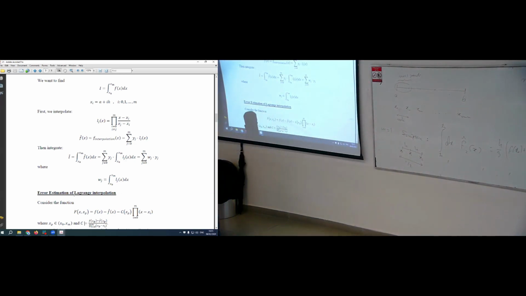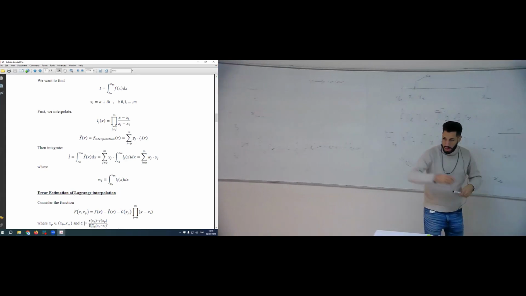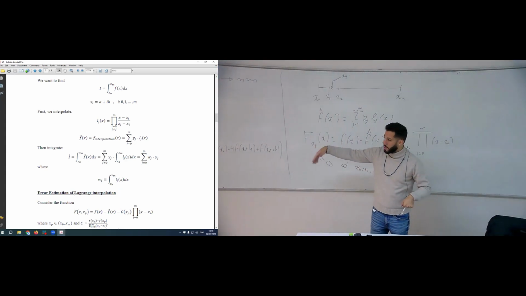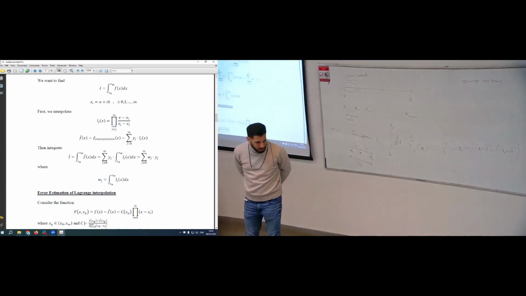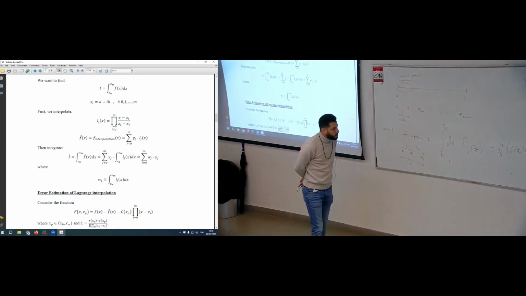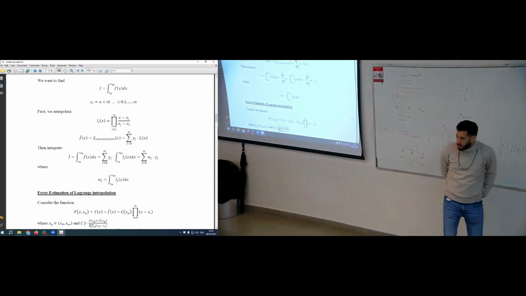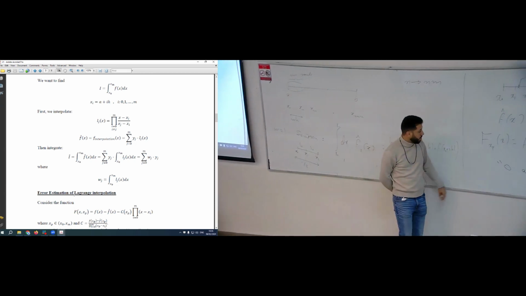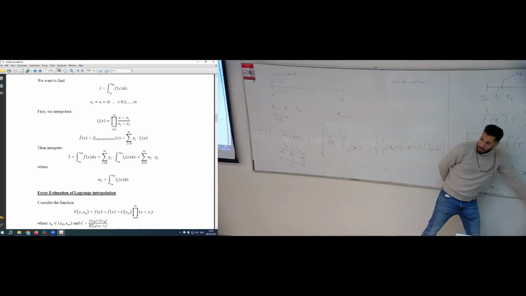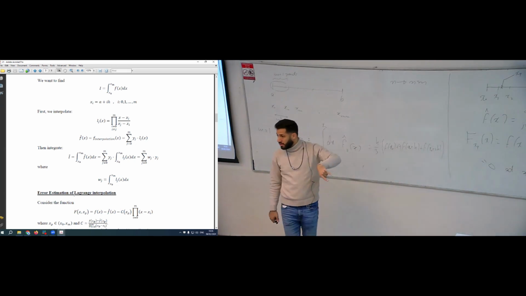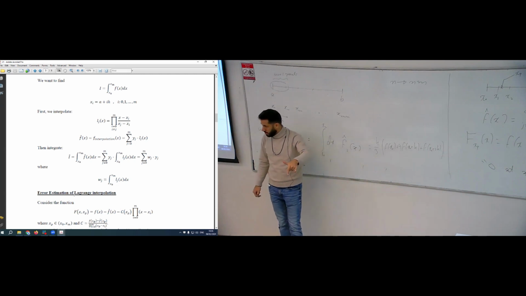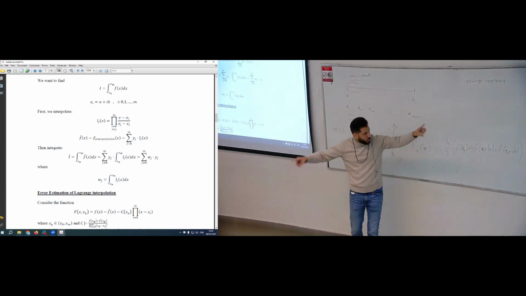Now, we also assume that f is differentiable m plus 2 times continuously. Maybe you can assume it's smooth, infinitely differentiable. Using Rolle's theorem, we know that because this has m plus 2 zeros in this range, its derivative has m plus 1 zeros in the range x0 to xm.